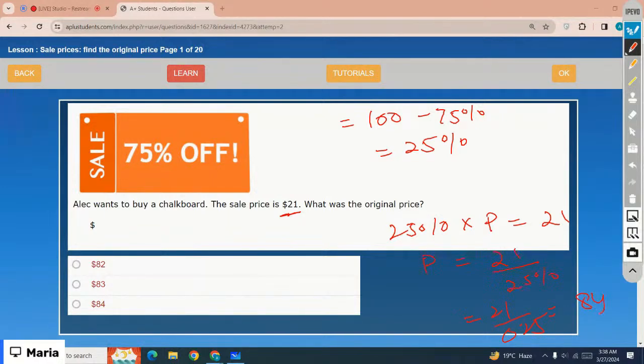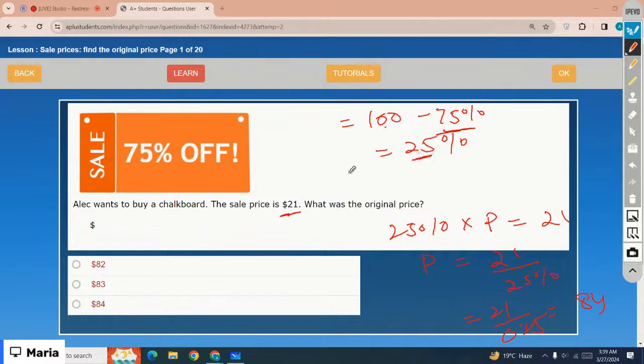Let me just explain again. Listen to me carefully. The sale price is $21, and you need to calculate the original price. It is on 75% off, so 100 minus 75 is 25.